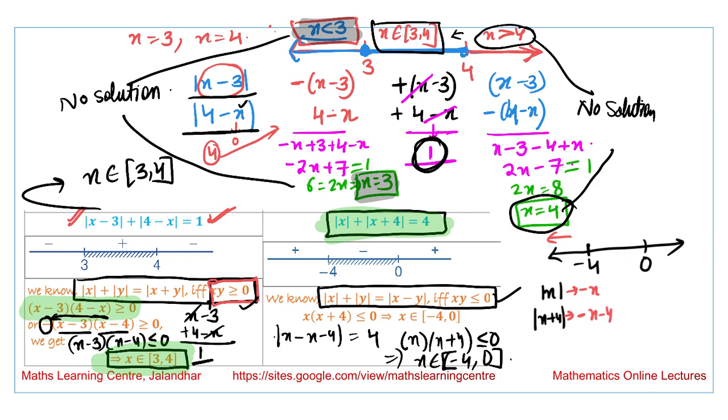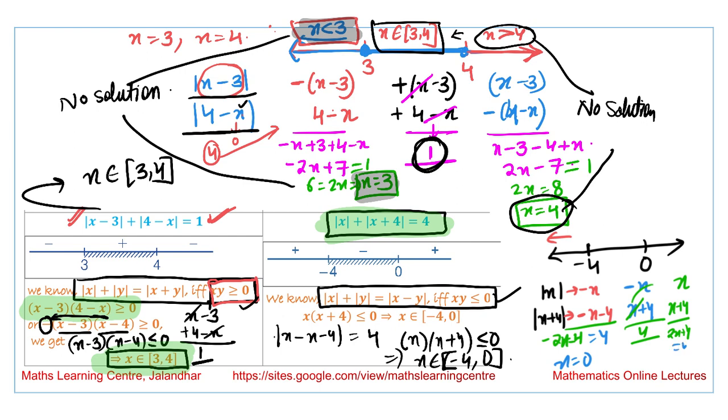In the second region, the value will be minus x and the other will be x plus 4. In the third region, the values will be x and x plus 4. If we add these values, we get minus 2x minus 4 in the first region, 4 in the second, and 2x plus 4 in the third. If we put the equation equal to 4 in the last case, we get x is equal to 0.